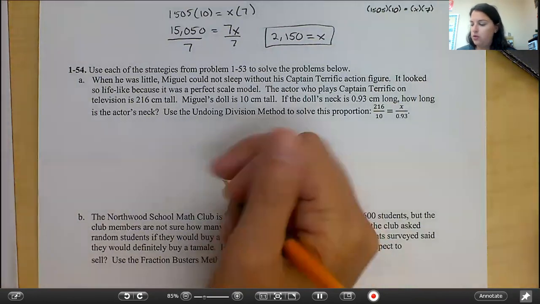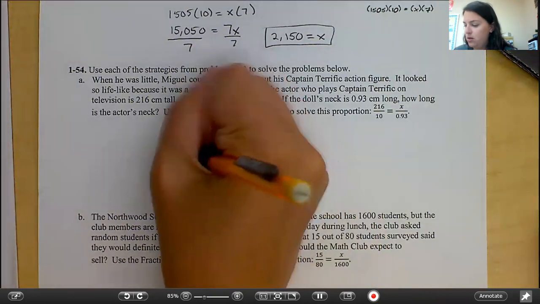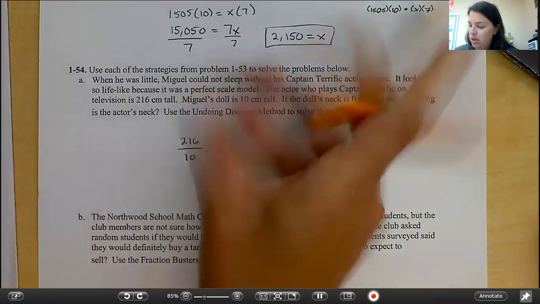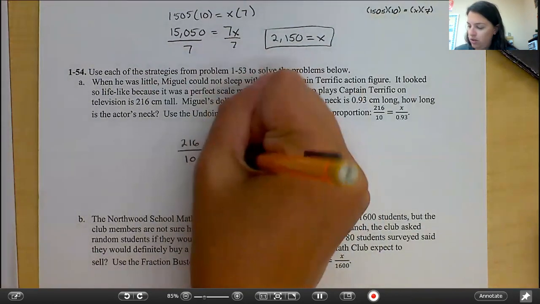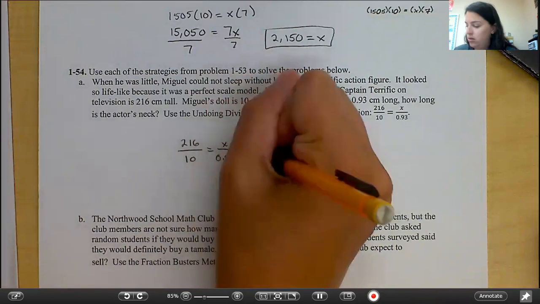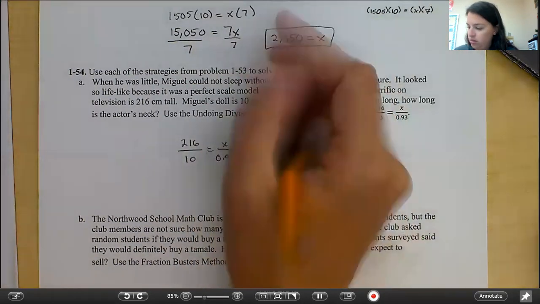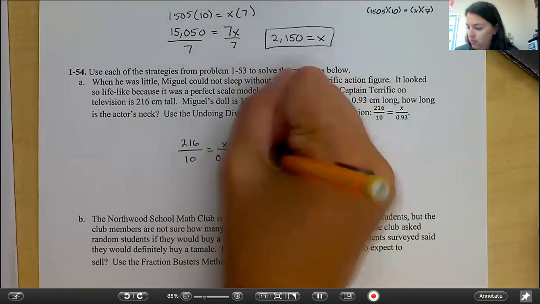Okay, if you're back with me, you have tried. So we have 216 over 10, equals x over 9,300. We're going to multiply by undoing division.